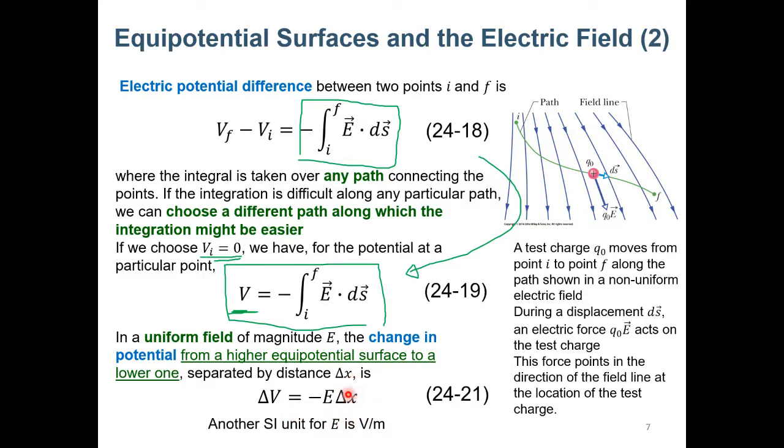So you divide meter on both sides, so this one can also be volt per meter. And remember, this one is an inner product. So if E and ds are perpendicular, it will be 0.